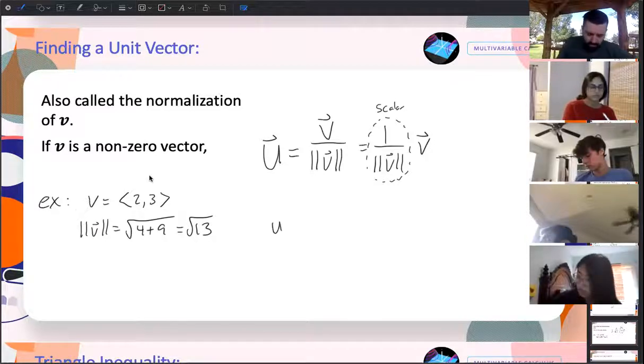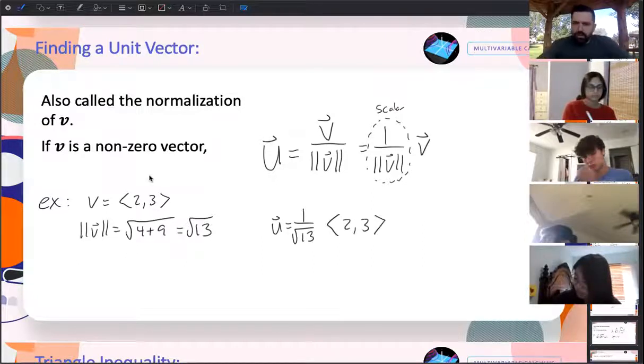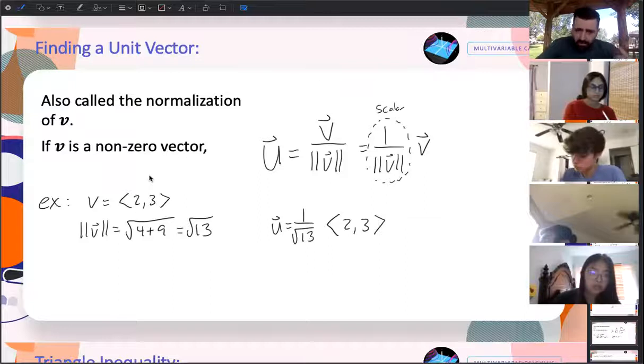Then u would be 1 over the square root of 13 times 2, 3. And now if we went ahead and found the magnitude of that, you'd do 2 over square root of 13 squared and 3 over square root of 13 squared, add them together, take the square root. It'll have a length of 1, but it'll be going in the same direction because notice it's a multiple of v.